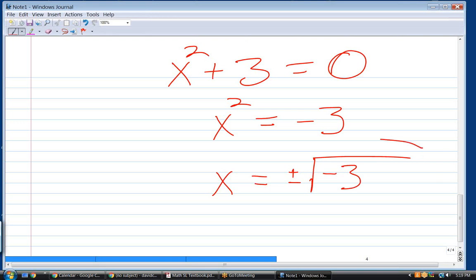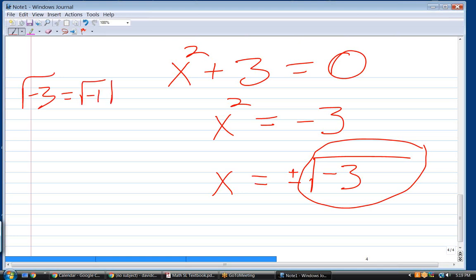Now, whenever you're converting things like that to i, here's the best thing to do. Square root of negative 3 is always the square root of negative 1 times the square root of a positive 3. In other words, always separate it like that. And then you know what that is. That's i. So this becomes square root of 3 i.